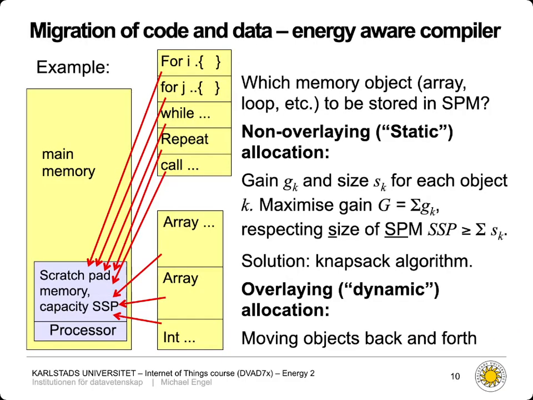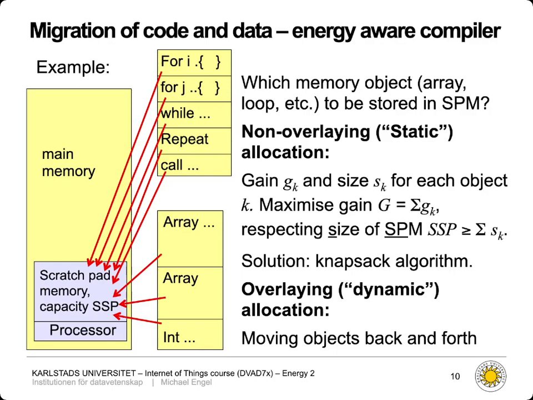Now, if you are willing to move code and data around depending on which part of the program you're currently executing, and you find out for which part of the program which code and data in scratchpad memory make the most sense, then you can save quite a lot more energy. This relies on what we call an energy-aware compiler.